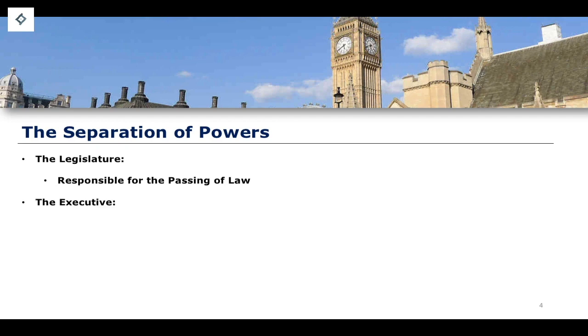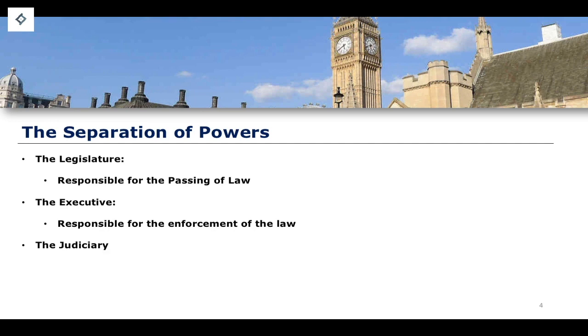The executive branch is responsible for the enforcement of law, and the executive branch exists in the form of the UK's government, so the Prime Minister, government ministers, etc., as well as the civil service more broadly.